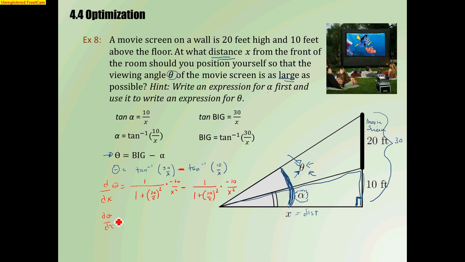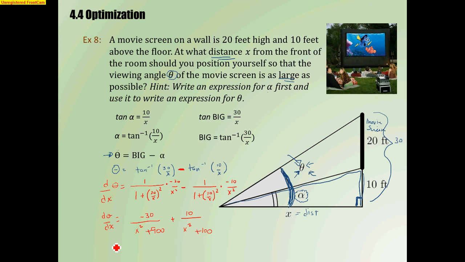The derivative is negative 30 on top of x squared plus 900, and I'll leave that algebra to you, minus a negative, so this becomes a plus, 10 over x squared plus 100.